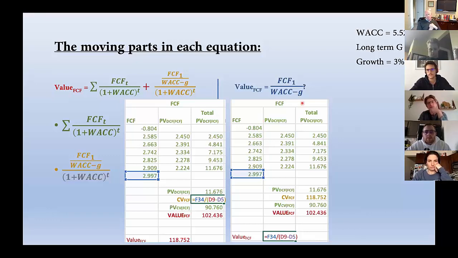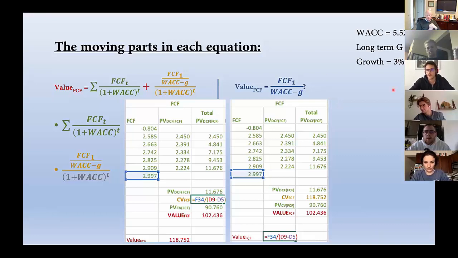There's something else at play here, though. How realistic is it to make the assumption that the company's growth during an explicit period should be equal to its growth in perpetuity? It's not really realistic. How come?